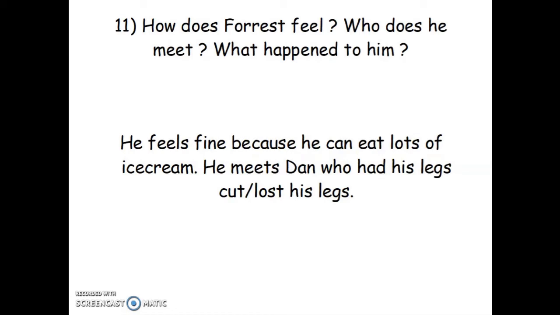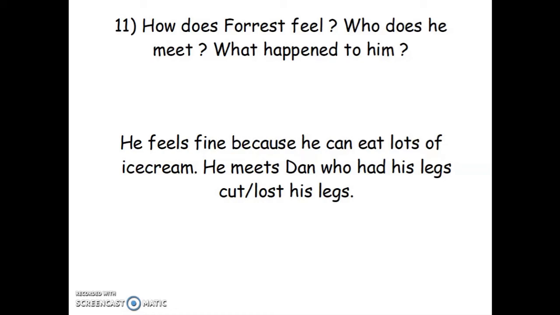What happened to him? The thing is, you may expect Forrest to be very sad, desperate, exhausted, tired, because of everything he has experienced, because he has lost his best friend, because he has seen people dying, because he was hurt, he was shot in the buttocks.